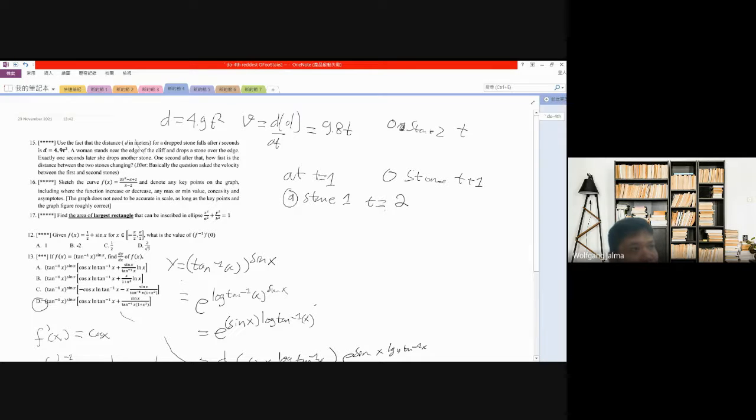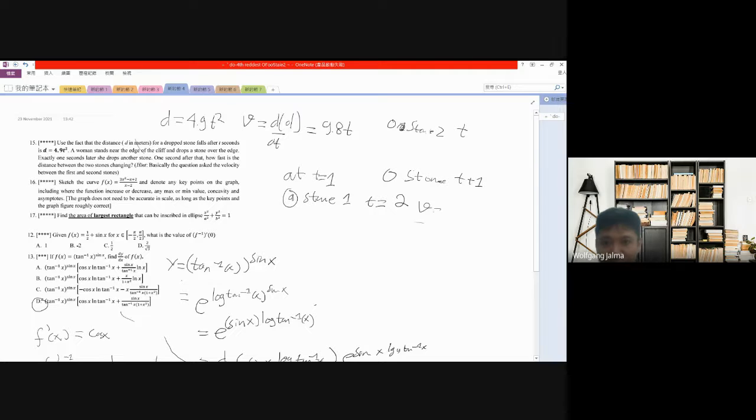Because stone 1 has been in the air for 2 seconds, while stone 2 only 1 second.